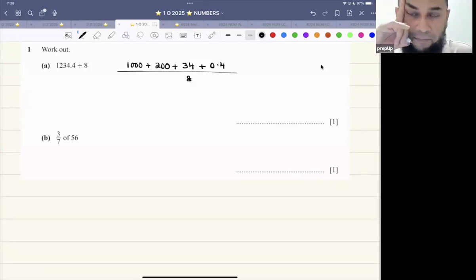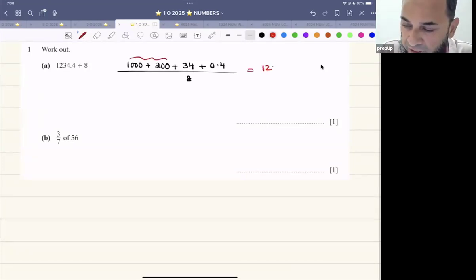Basically, this is what is happening. If I add these two, that is 1200 plus 34 plus 0.4 divided by 8.